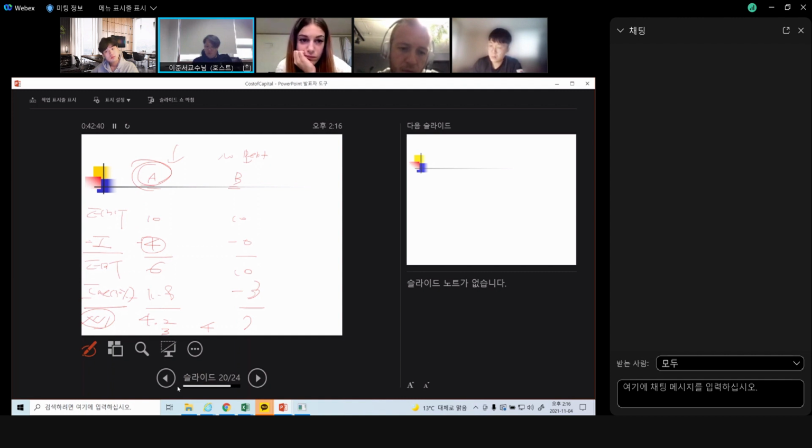B's net income is 7, so if A pays interest of 4, then 7 minus 4 should be 3, but A's net income is not 3. Net income is 4.2. 4.2 is higher than 3.